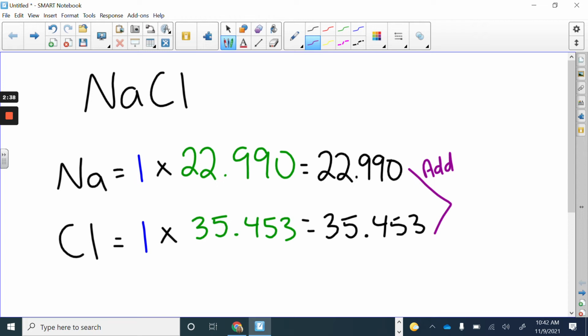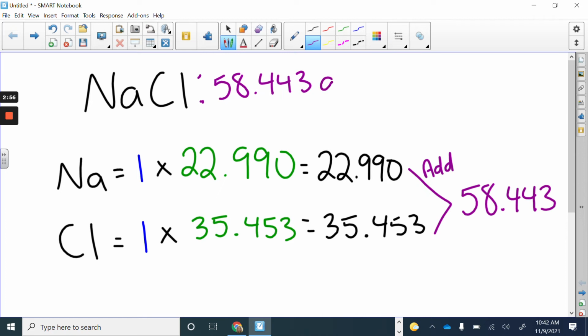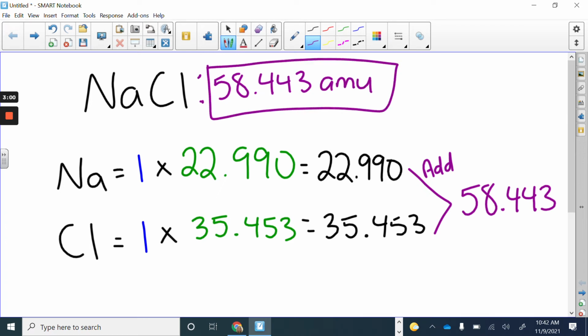We're just going to do 22.990 plus 35.453, and we get 58.443. So the molar mass is 58.443 AMU, atomic mass units. And that's how you calculate the molar mass of sodium chloride.